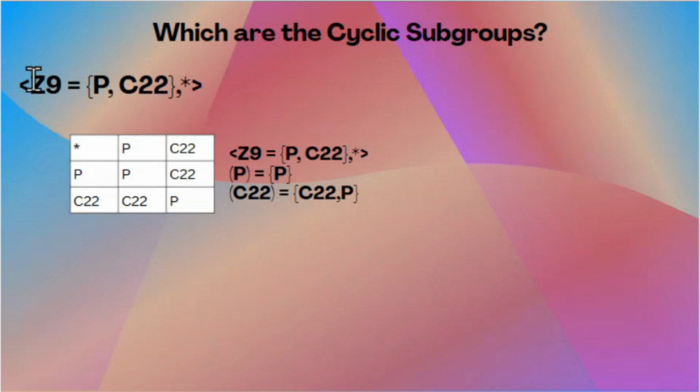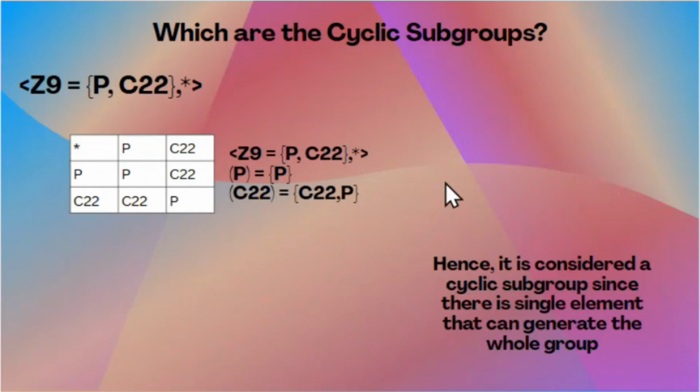And for C sub 9, we have P and C2 under binary operation star. So P star P is equal to P. C2 star C2 is equal to P. So therefore, it's a cyclic subgroup because we have the element C2, which generates the whole group.